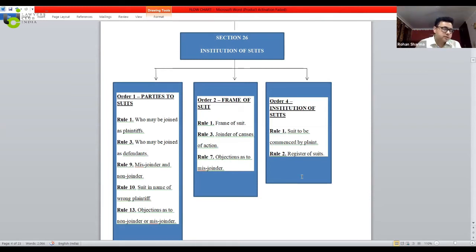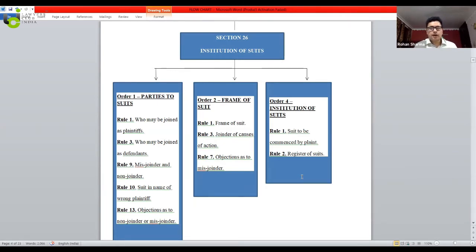Now, Section 26 is just an umbrella section. It's a two-line section which just states that every suit shall be instituted by presentation of a plaint or in such a manner as may be prescribed, and that this plaint has to be proved by an affidavit.